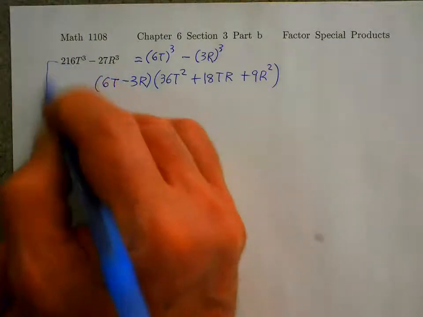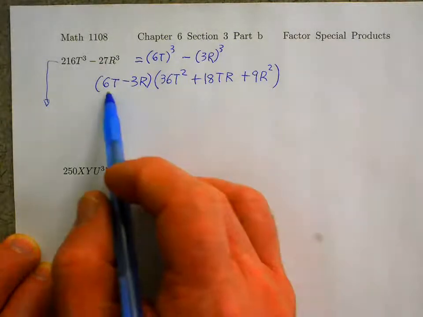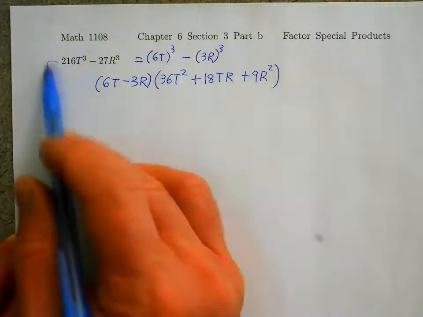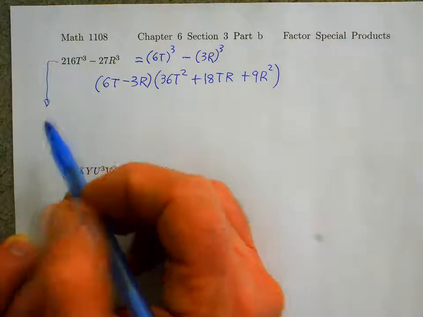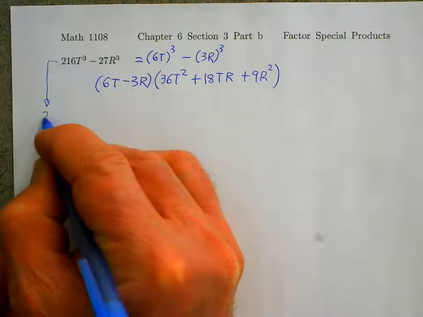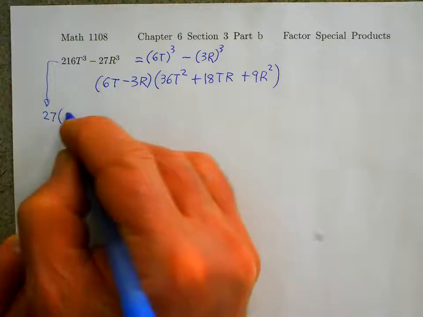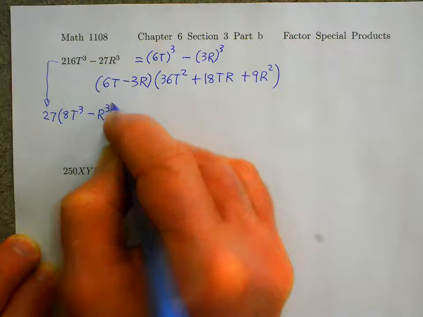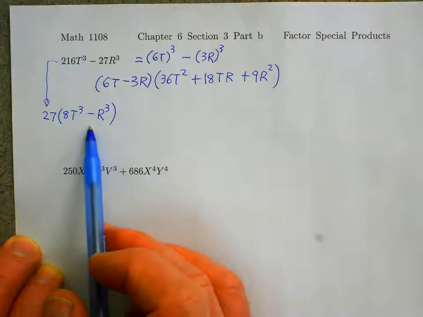So we could find the complete factorization from this, but if we do it by the book from the start, we first factor 27 out, and 27 times 8t to the third minus r to the third is the way we should have perhaps started.